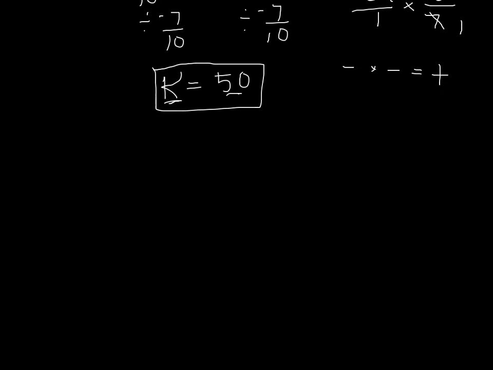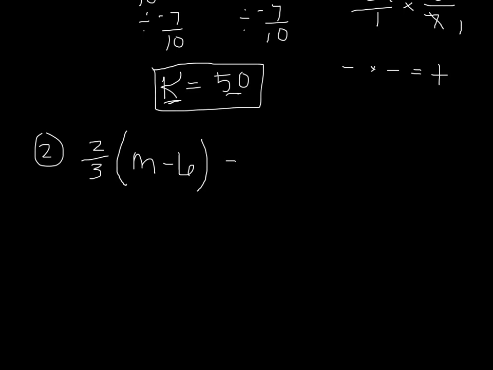I'm going to move this up. Problem number 2. 2/3 times the quantity of m minus 6 equals 3. Whenever we have something like this, where we cannot combine what's inside the parentheses, I can't do m minus 6 because they're not like terms.